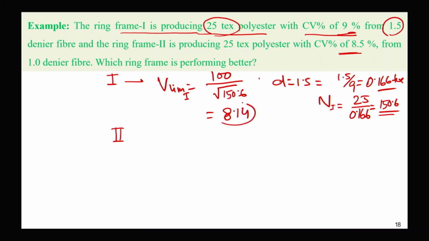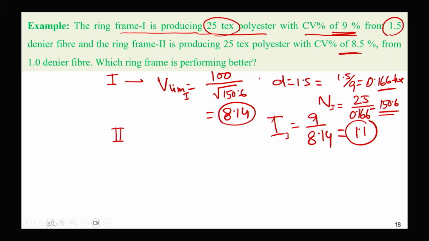This we can calculate, and our irregularity is given, so we can calculate the index of irregularity I for first ring frame. So actual irregularity 9 divided by 8.14, it will become 1.1.